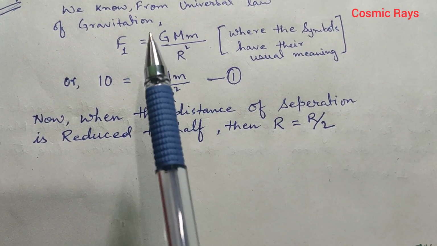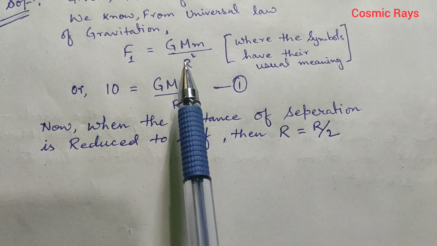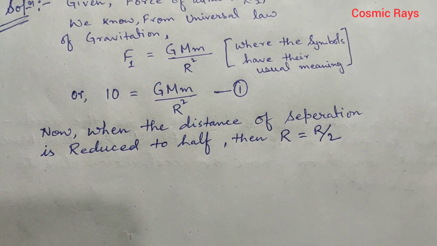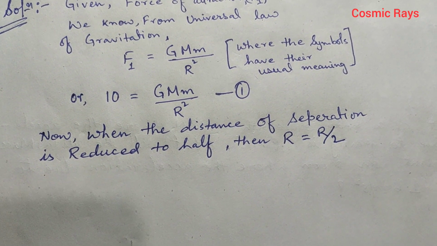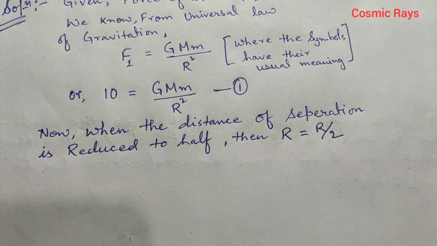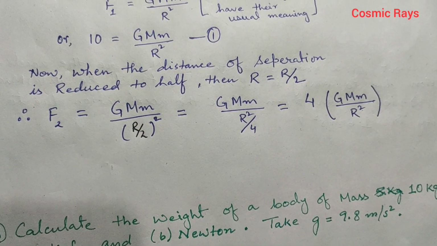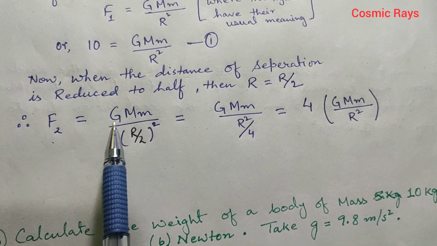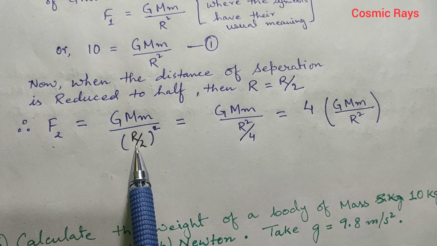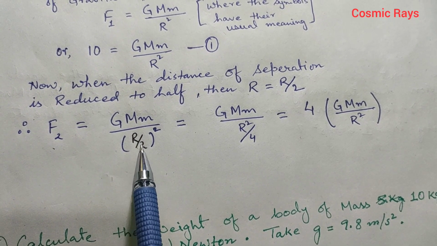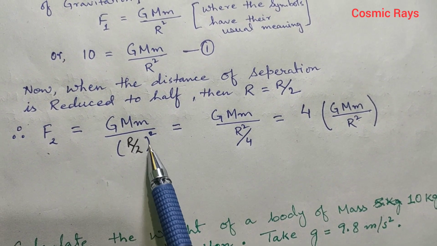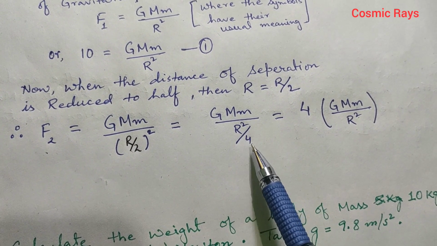So we rewrite this equation, that is universal gravitational law, in terms of F2, because now the r is reducing to r by 2. So we have the equation as F2 is equal to GMm upon r by 2 whole square. So when we square it, we get r square by 4.